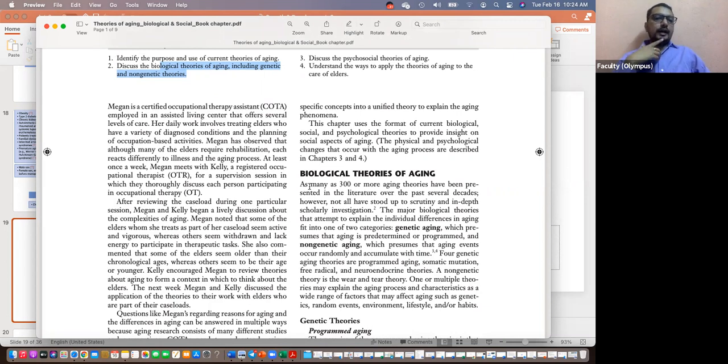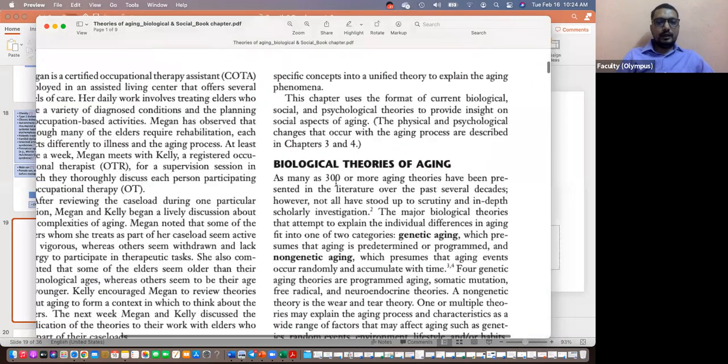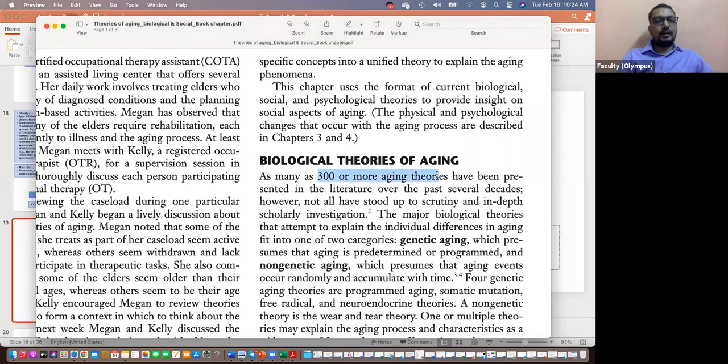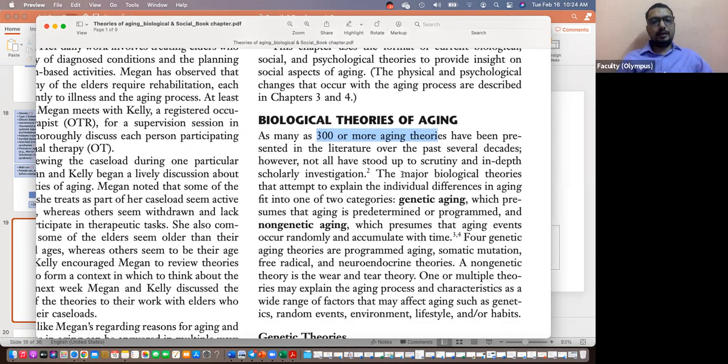Okay, you can categorize. There seem to be 300 or more aging theories in the literature, as per this source. But of course, we cannot learn about all of them. I think we are going to select the important ones. As per this resource, the major biological theories can be categorized into two types: genetic theories and non-genetic theories.